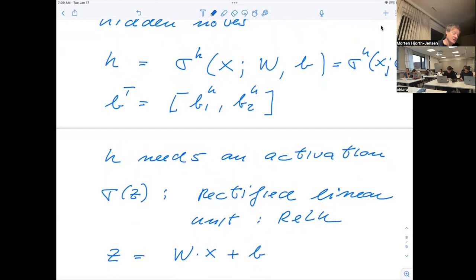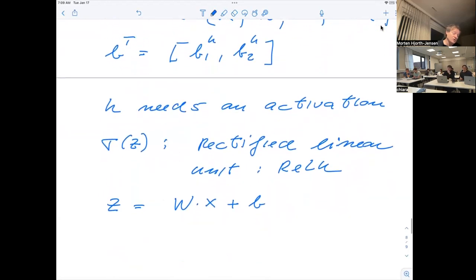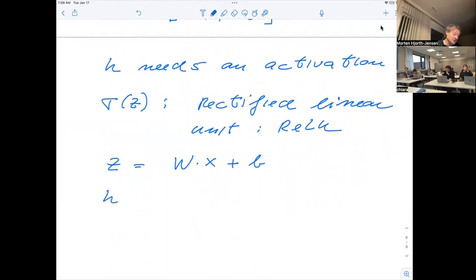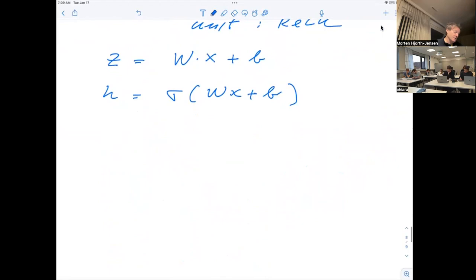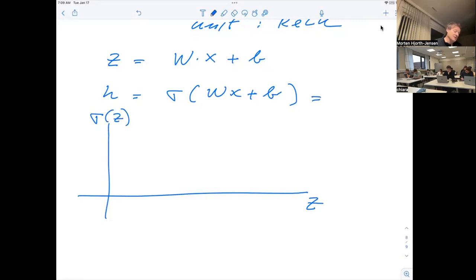This is the vector which contains the biases, and the output h is now given by this function sigma of Wx plus b. The rectified linear unit looks something like this, as a function of z, so we have a sigma of z here. This is the same as our sigma of z.